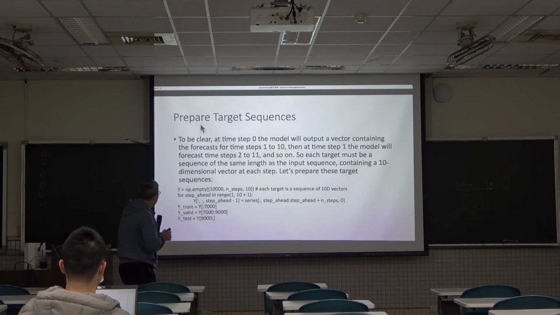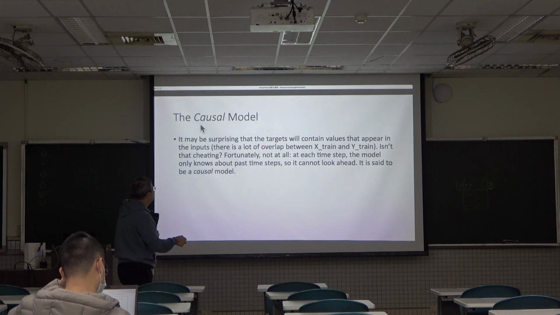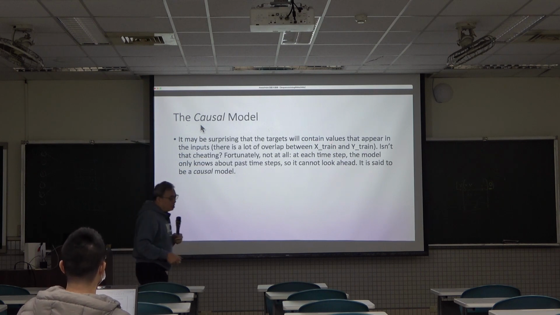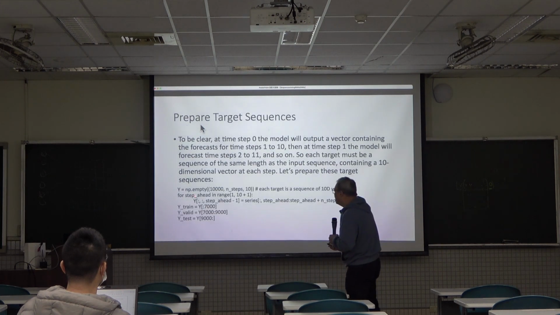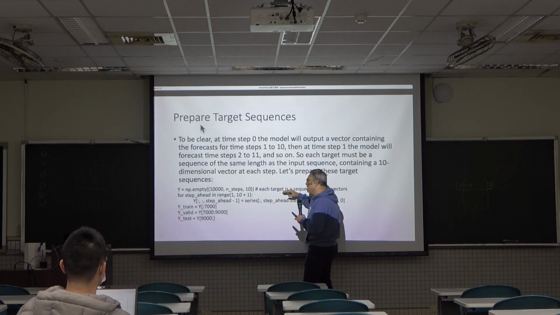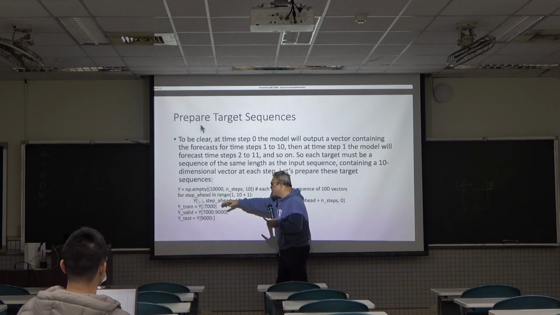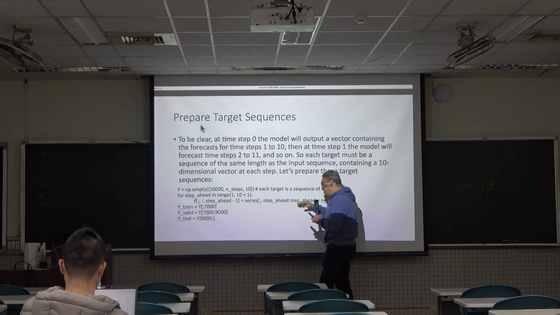That is why this is called the causal model. There's overlap between your X train and Y train. X train is your input. Y train is your ground truth. So you need to prepare your data accordingly. You have your X train ready and you have your Y train ready.